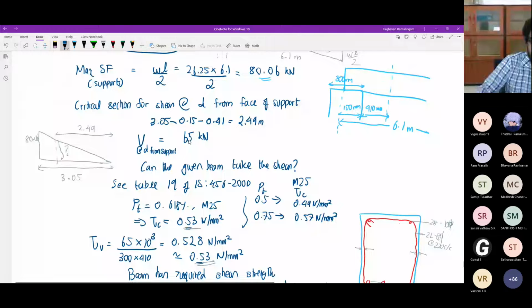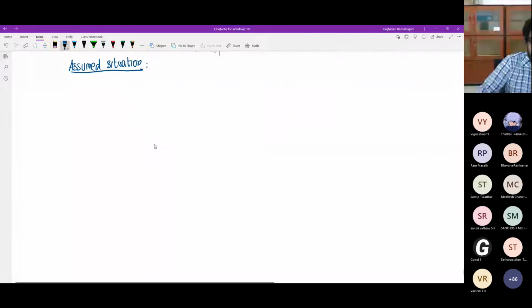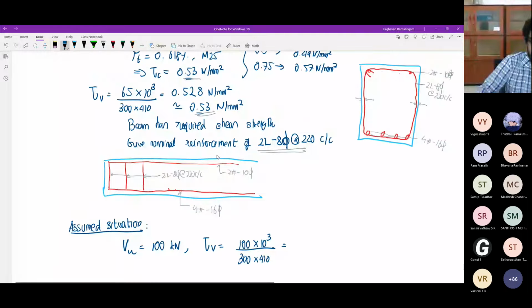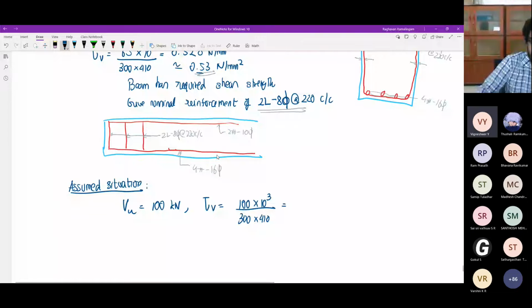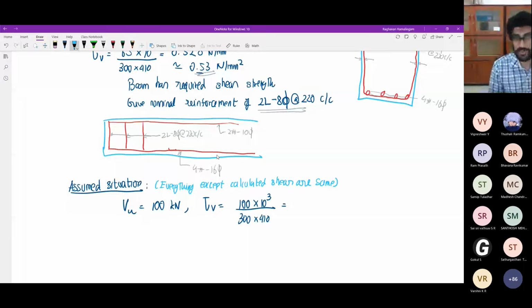Of course, everything is the same. 0.813. How much? 0.813. Okay, 0.81 Newton per mm square. Let it be 0.81 itself, no problem.